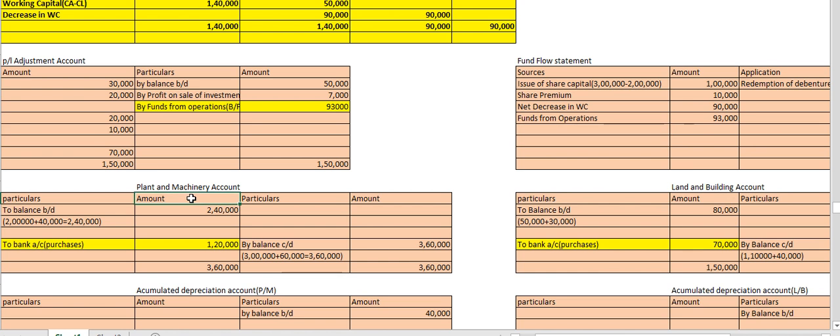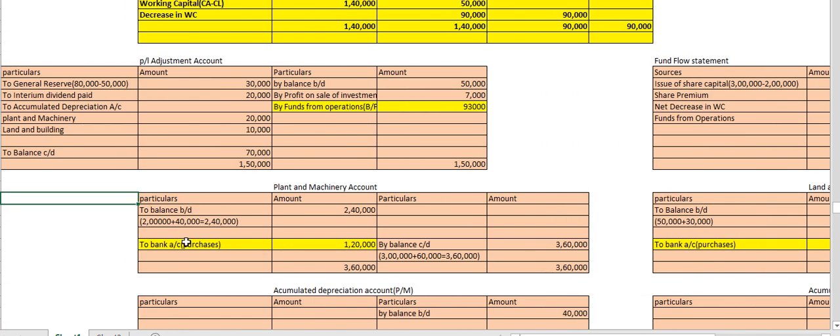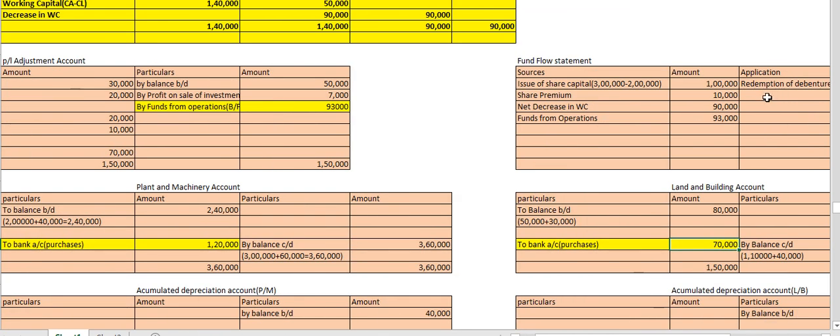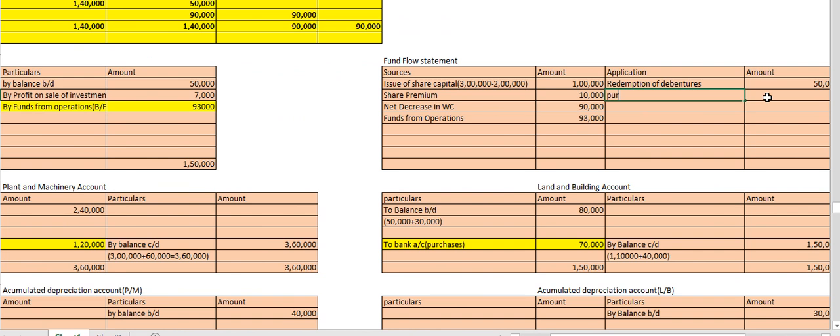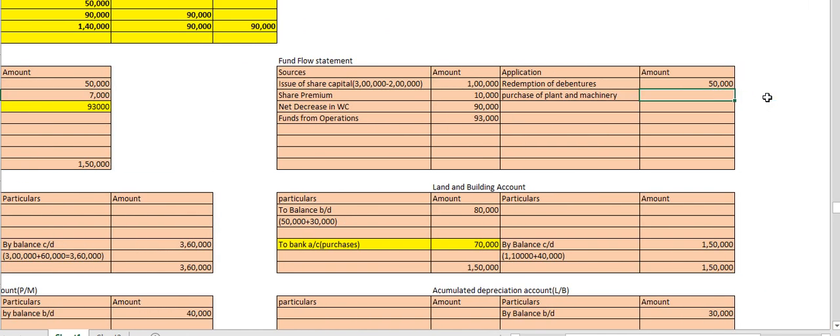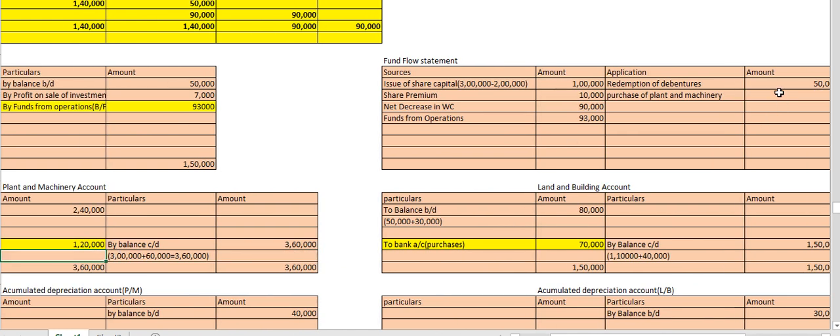Next, moving on to the plant and machinery account. So you have a to bank account entry which we will consider to be purchases. If there is a purchase of any long-term asset, there is an outflow of funds. If there is an outflow of funds, it will be shown as application of funds. So purchase of plant and machinery, the amount is 1,20,000, which is your balancing figure.